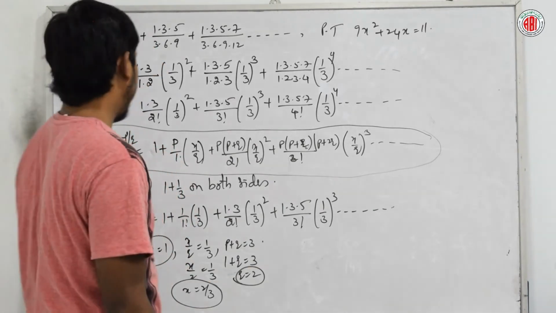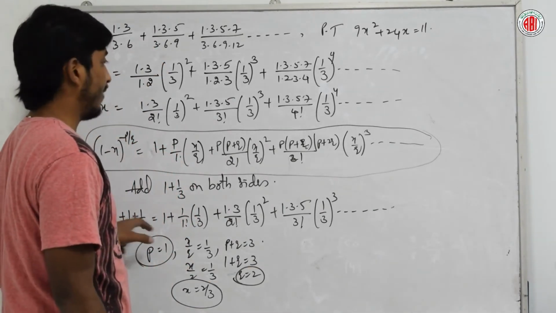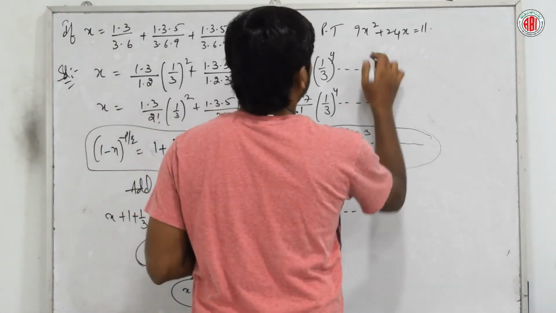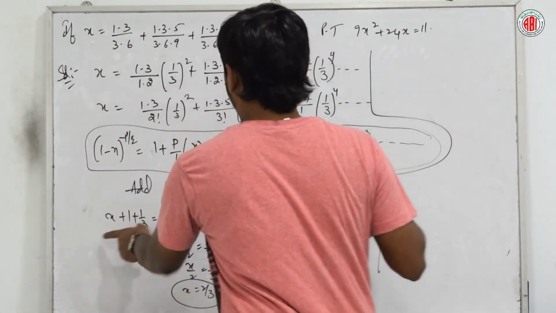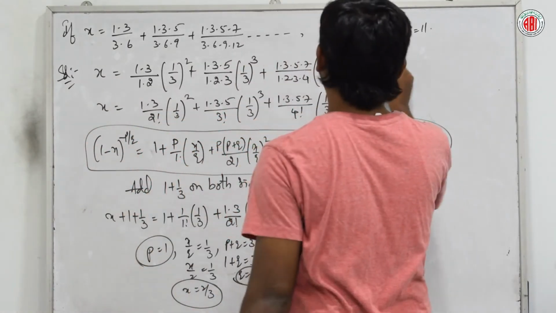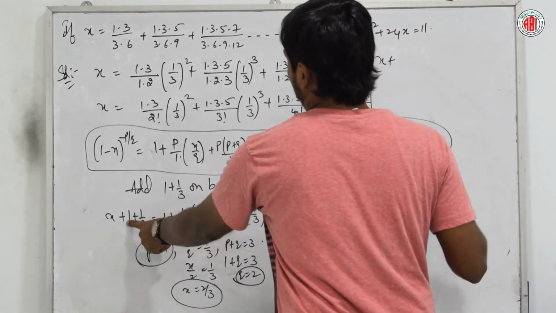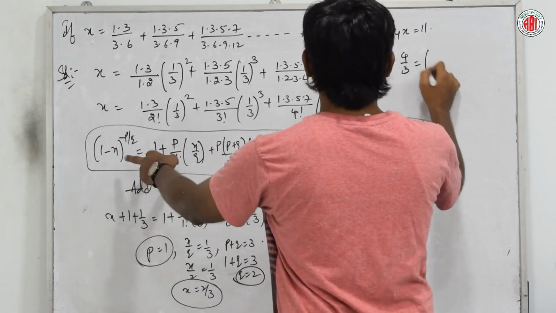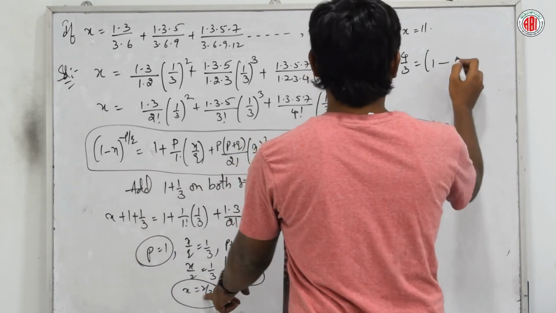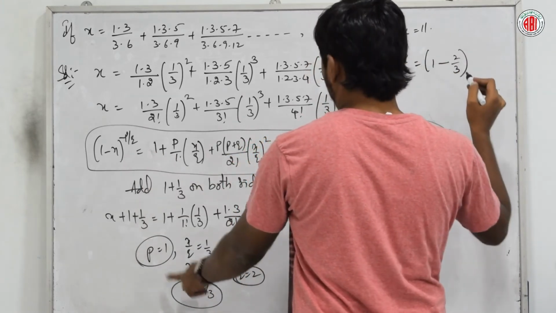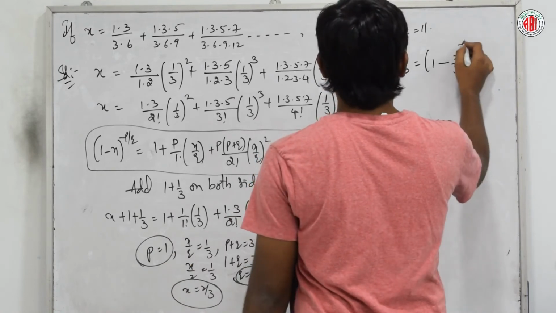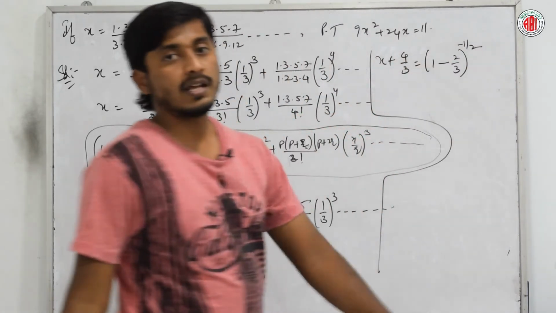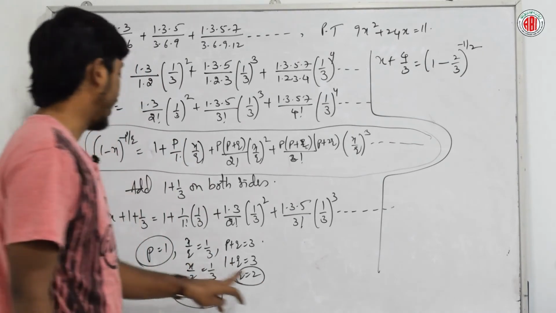Done. Now what will be our next step? Just substitute everything here. So x plus 1 by 3, that is x plus 3 plus 1, that is 4 by 3, is equal to (1 minus x) power minus p by q, minus 1 by 2.